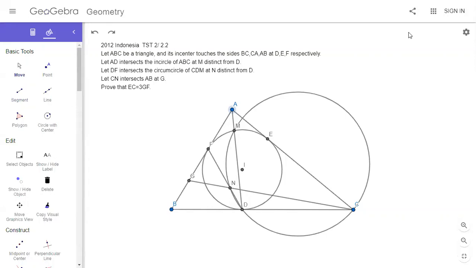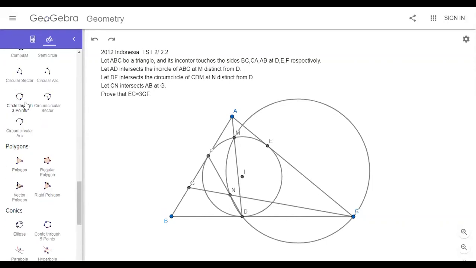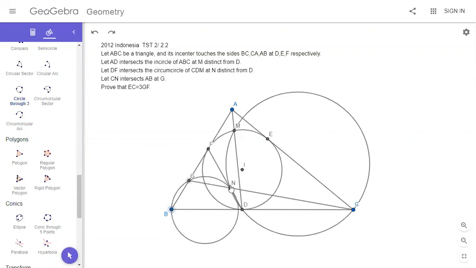BGND. No, it's pretty close again, but not quite.